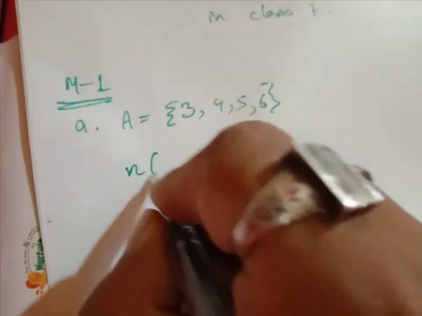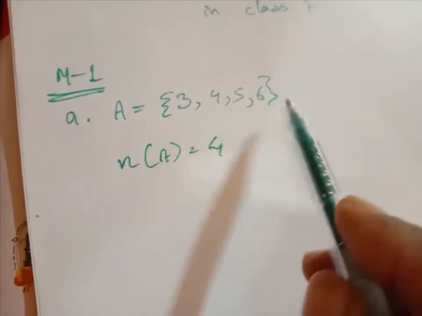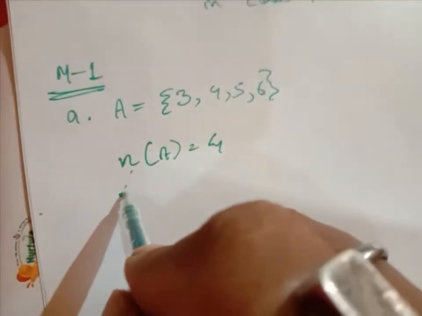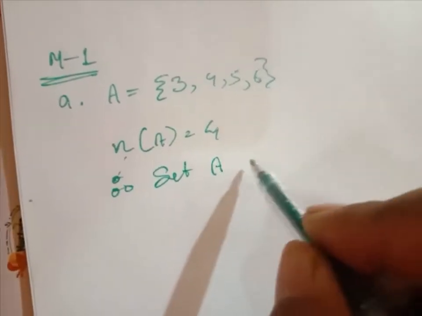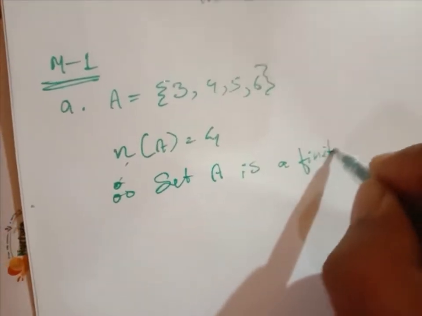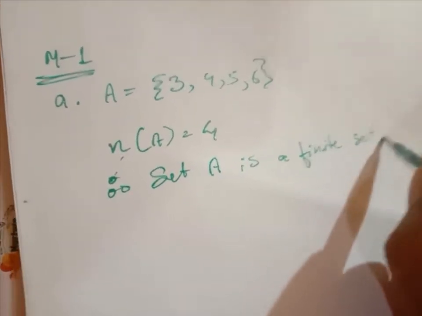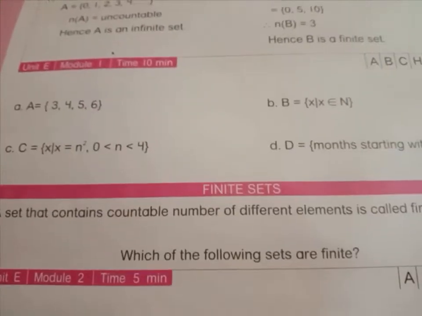The number of elements of set A is equal to 4. There are 4 elements. Therefore, set A is a finite set. So this is how you are going to solve all the other problems of module number 1.